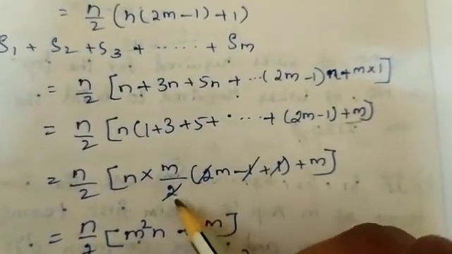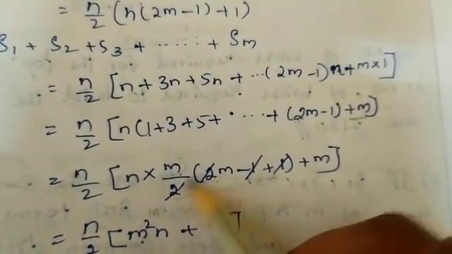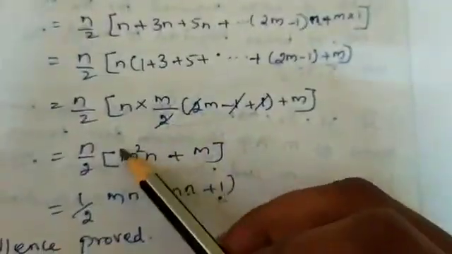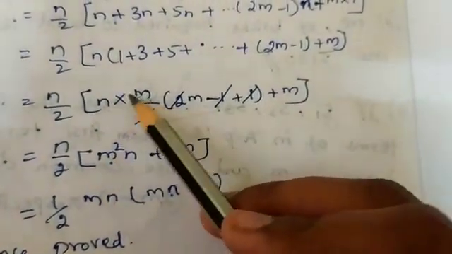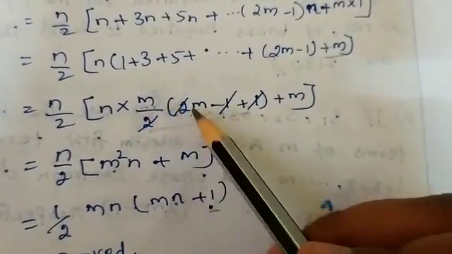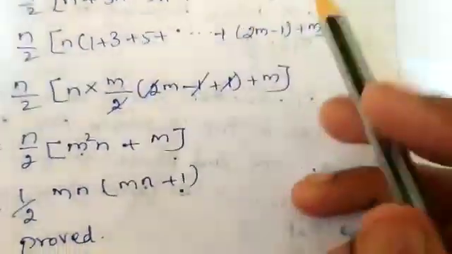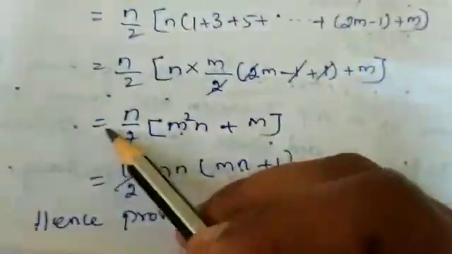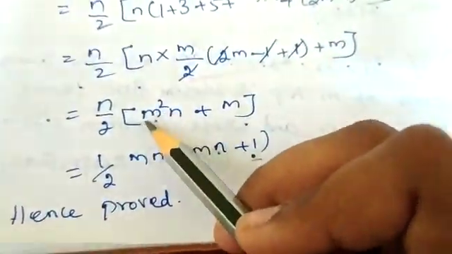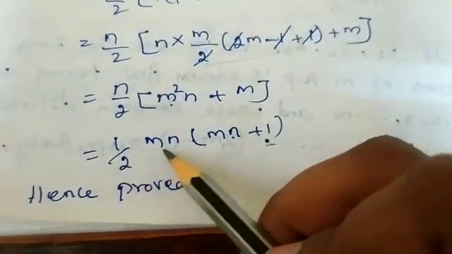Now we'll do the multiplication. I am cancelling this 2. Then we get n by 2 into m squared, this m squared n, and plus 1 minus 1 will get cancelled here itself, and plus m will be there. So n by 2 into m squared plus m.